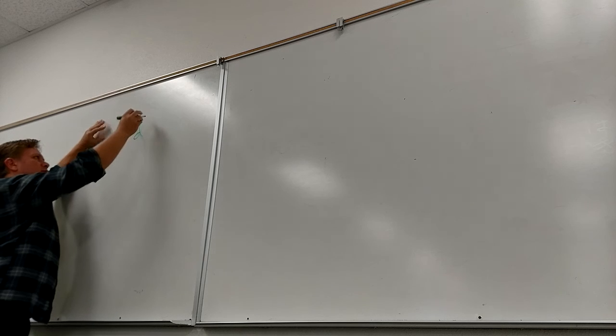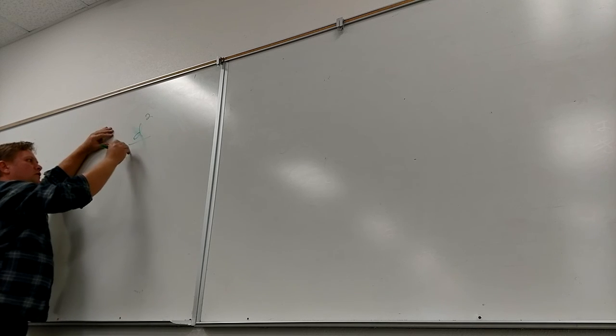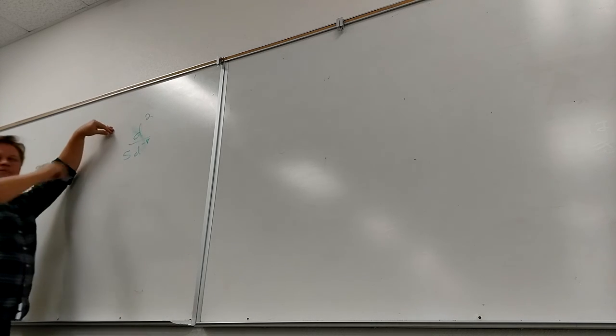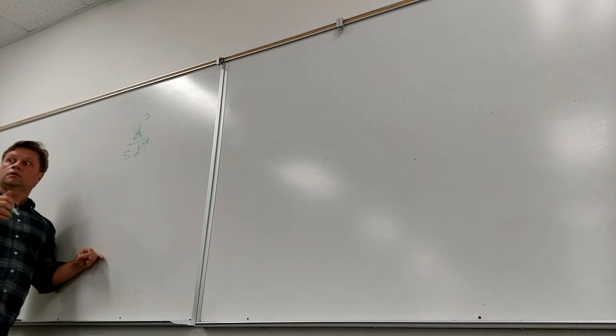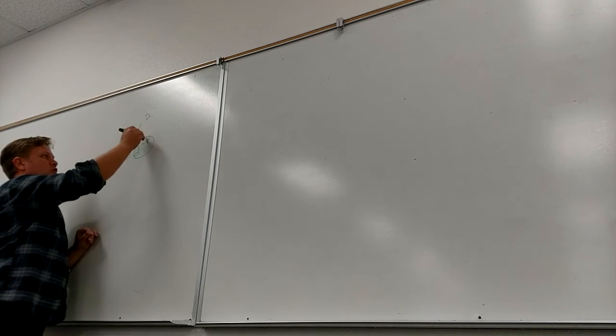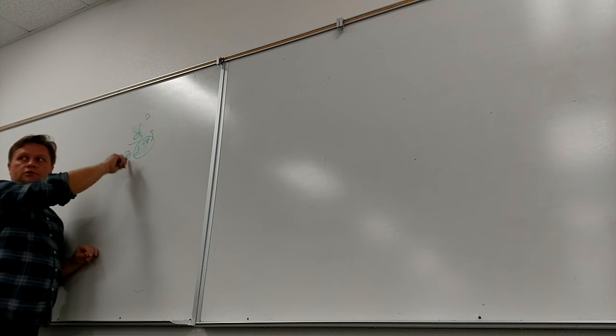So let's say it's d squared over 5d to the negative 8. What flips? The d's, right? So it's like 1/5 times, those go up. Those stay there. There's no reason the 5 would flip.